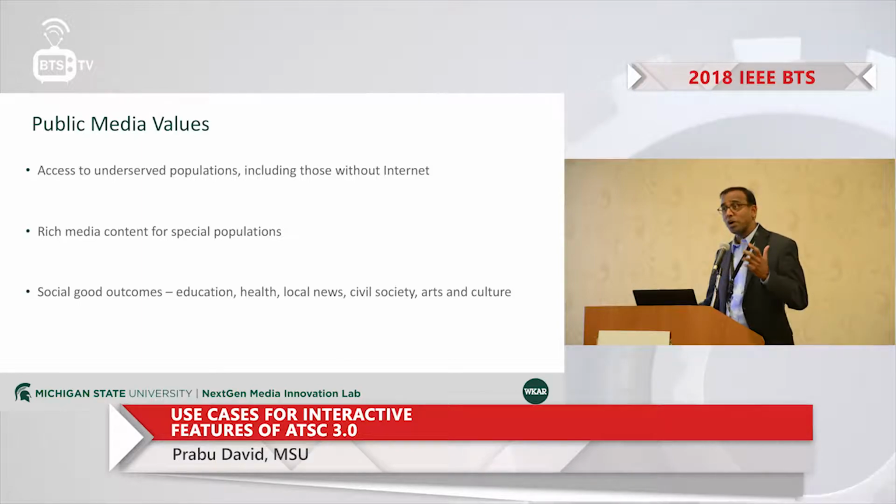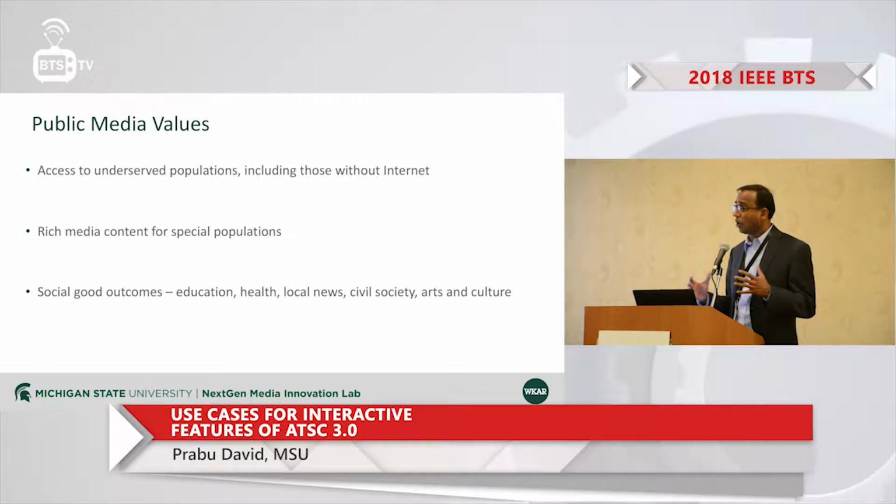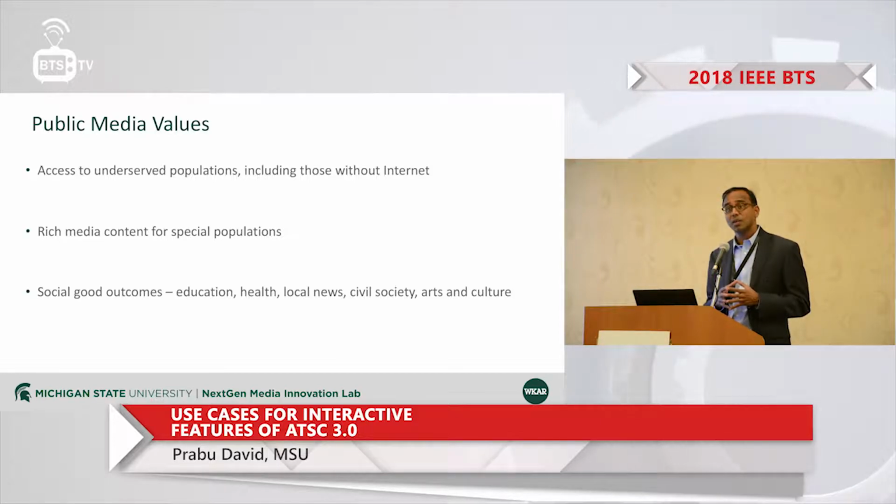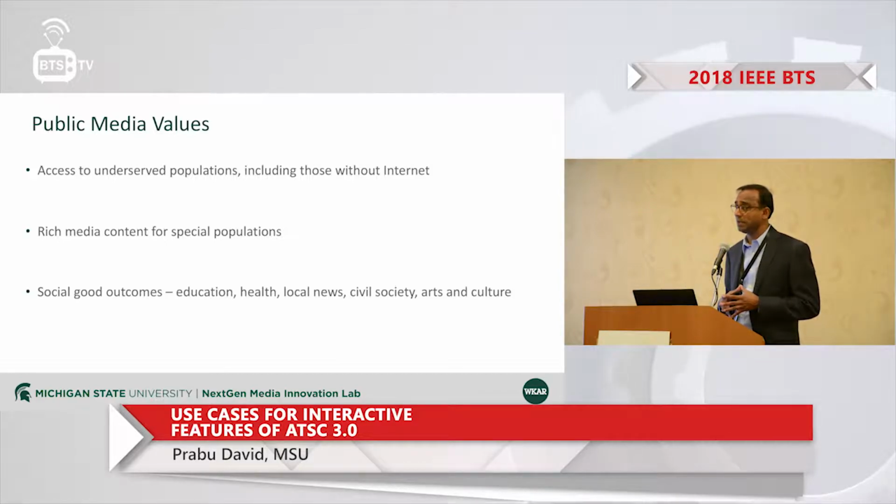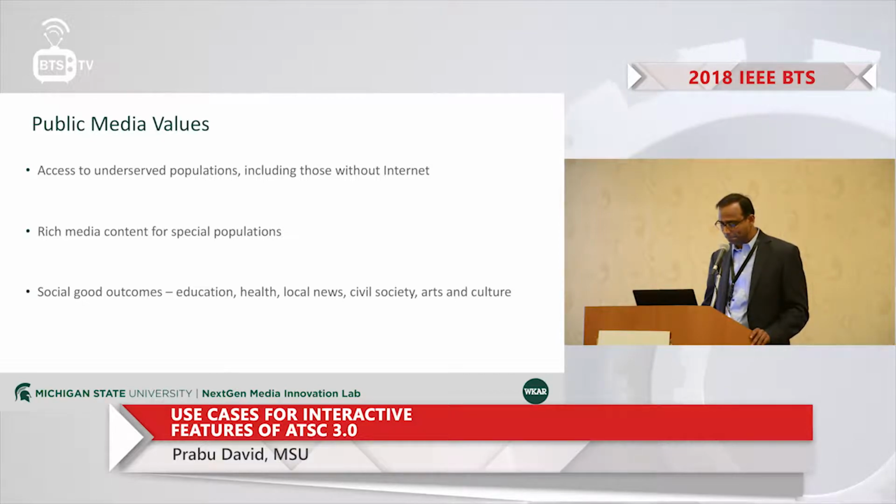Currently, with the broadcast signal, you can reach them, and that's all they get is broadcast content. Could we enrich this broadcast content with other data, other materials, collateral materials that you develop in a television station? So that will be one use case we're going to develop in the lab.